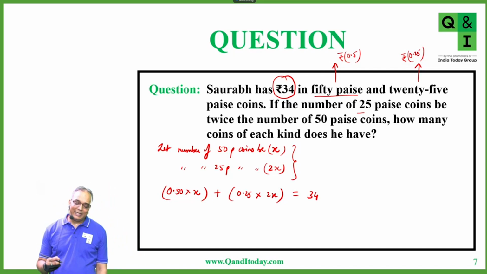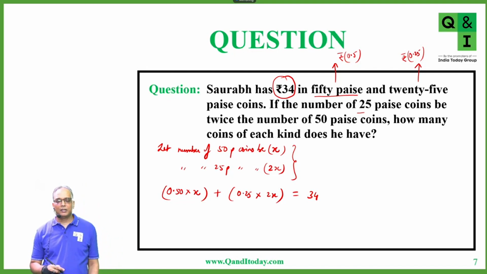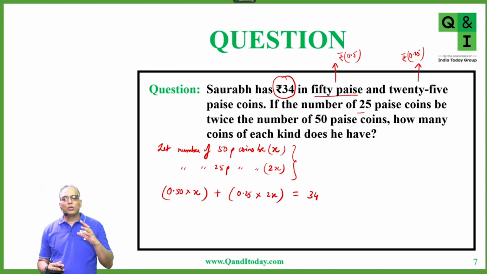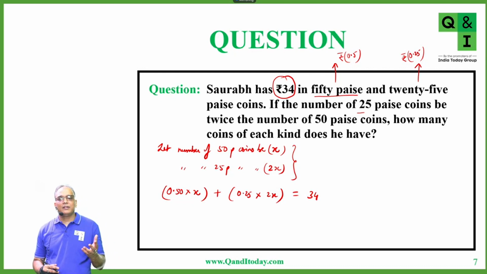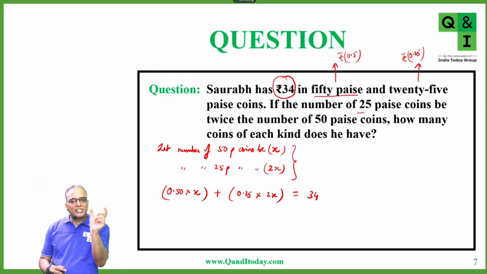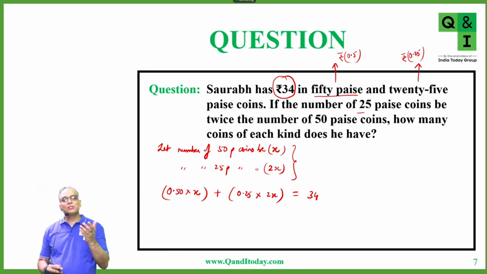So understanding the concept, understanding this statement is very important. To get the total amount of money which you have, you multiply the denomination of that coin, denomination means the value of that coin, 0.5, with the number of coins. So 0.5 into x is the value of money which you have in terms of 50 paise coins.